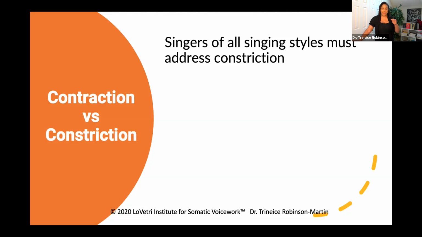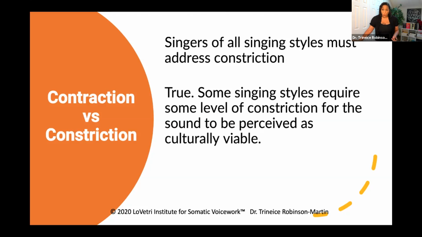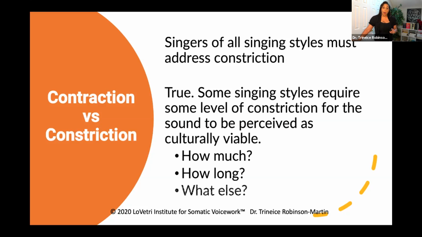The fact that I can easily move in and out of these throat shapes is an indication that this setup is indeed a choice and not a behavior that causes me to be stuck. True, there are some singing styles that require a greater level of constriction in order for the sound to be viable.